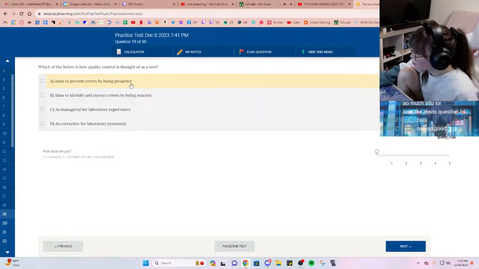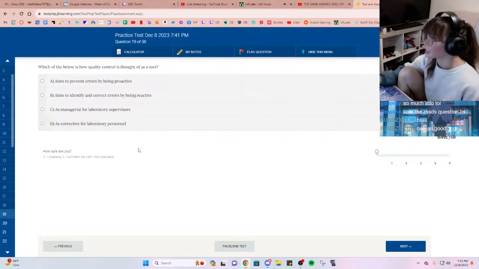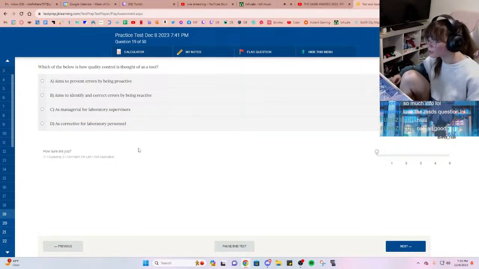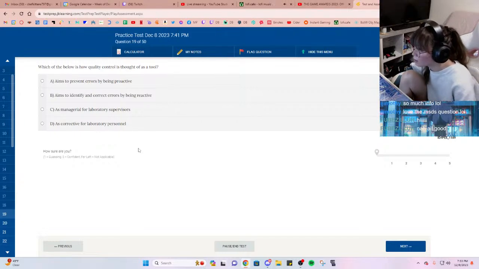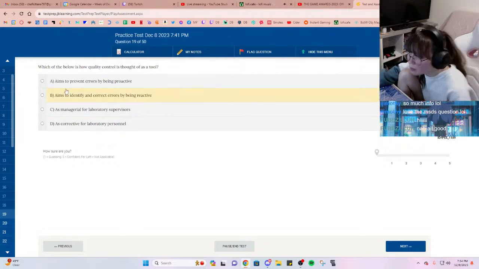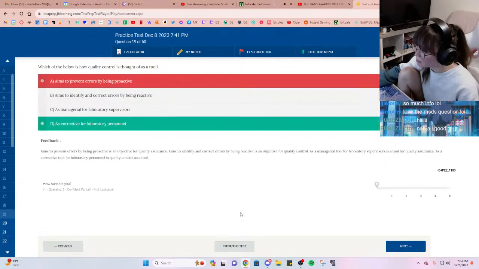Aims to prevent errors by being proactive, aims to identify and correct errors by being reactive, as managerial for laboratory supervisors, as corrective for laboratory personnel. I don't know.